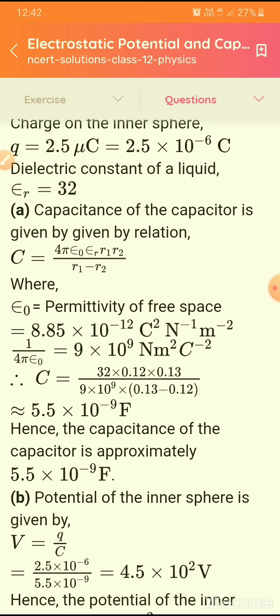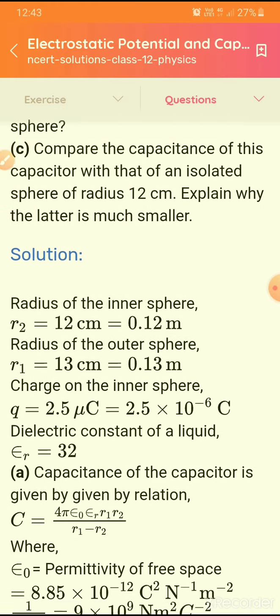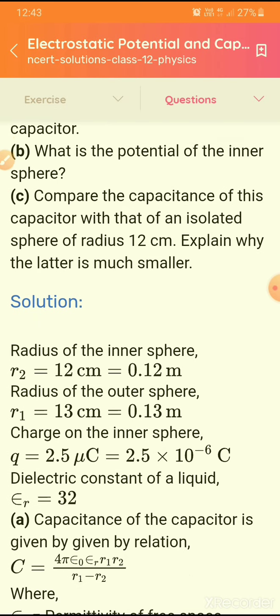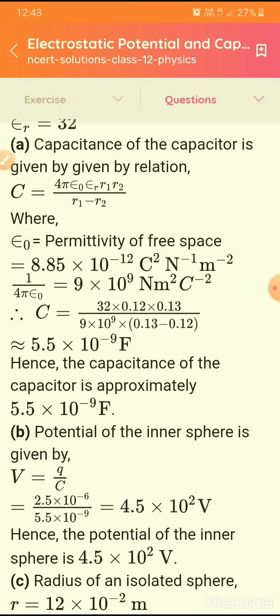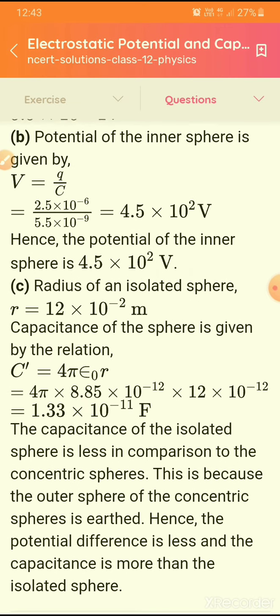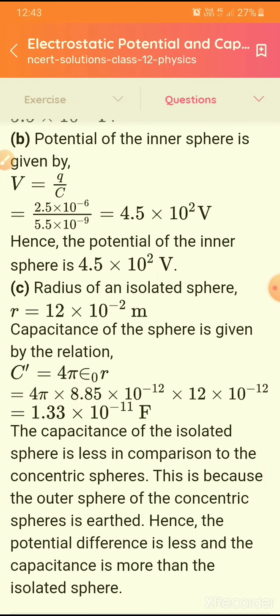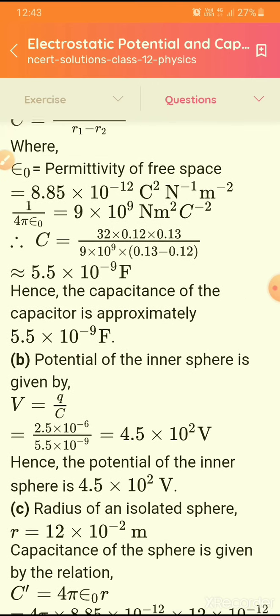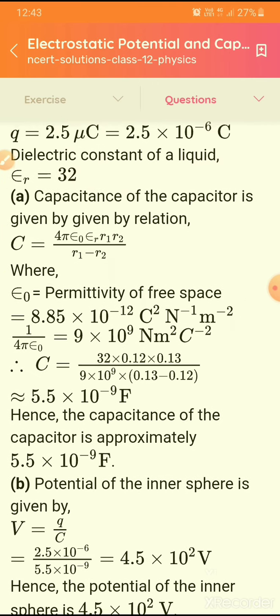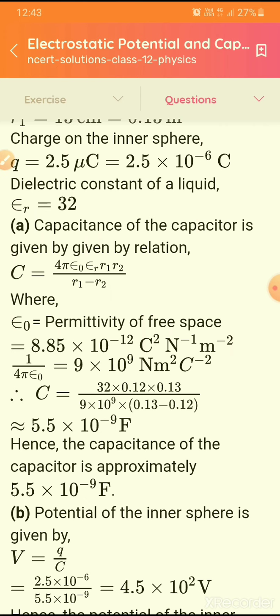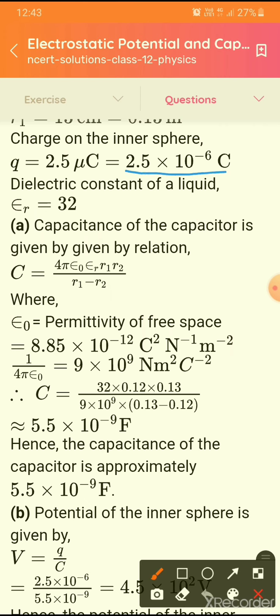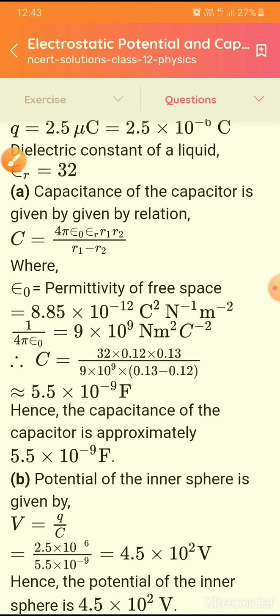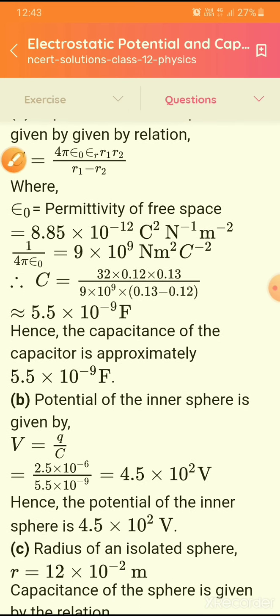We can go for the second question. What is the potential of the inner sphere? To find it, we have the formula V is equal to Q divided by C. The Q value is given as 2.5 into 10 to the power of minus 6 coulombs, and the C value is 5.5 into 10 to the power of minus 9.